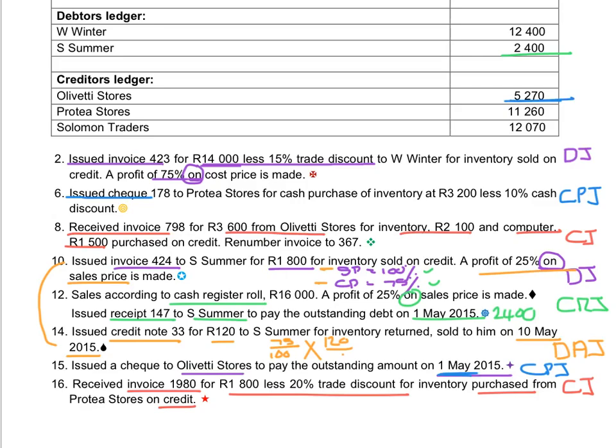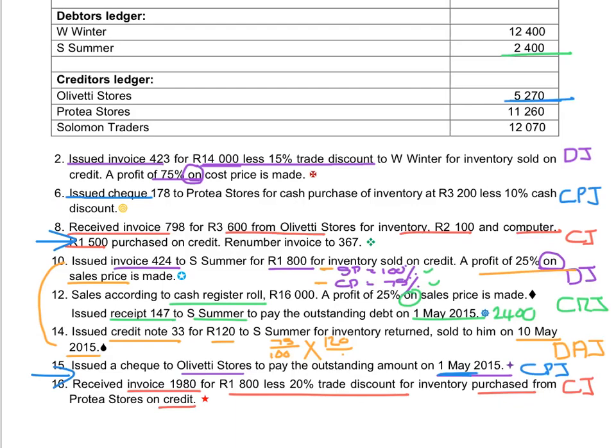Then we had an entry on the 8th for Olivetti Stores where we bought goods for 3,600 rand. So that must be added to the opening balance of 5,270.